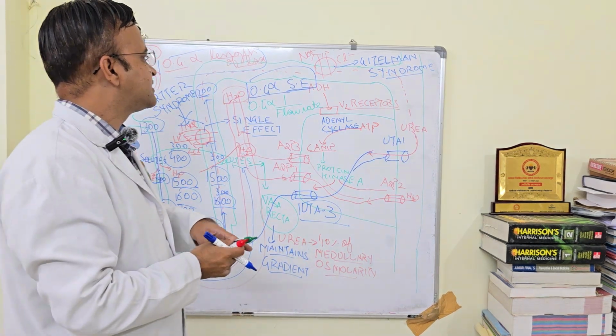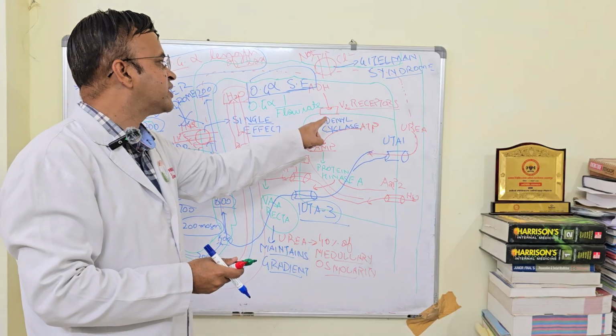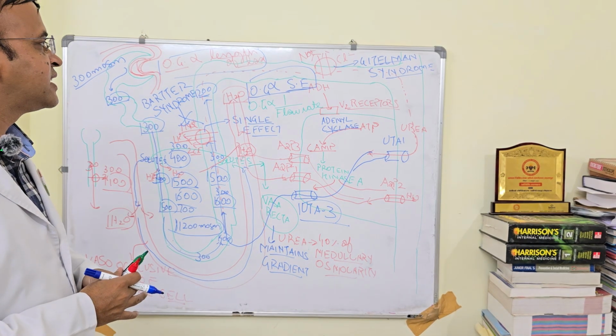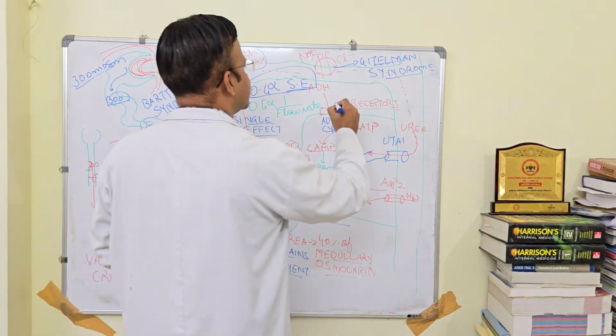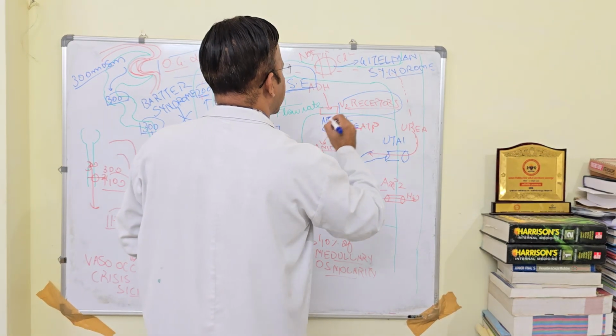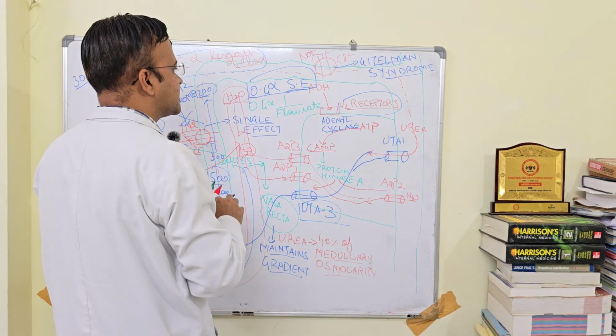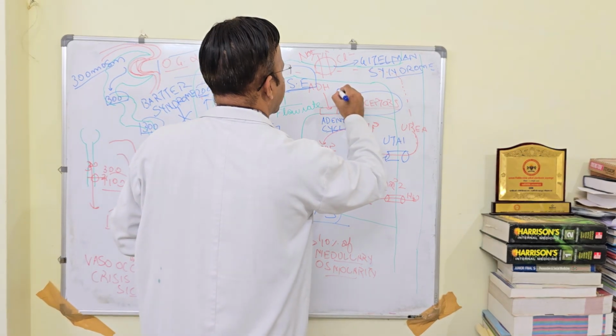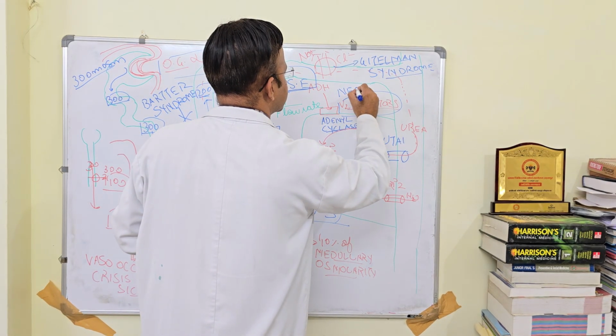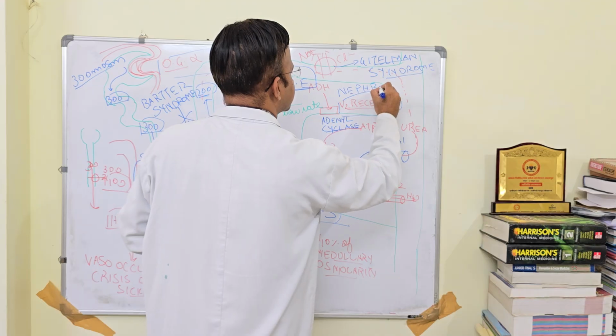And suppose the ADH is acting but the V2 receptors are defective. If V2 receptors are defective, what will it lead to? Nephrogenic diabetes insipidus. I'll write it as nephro DI.